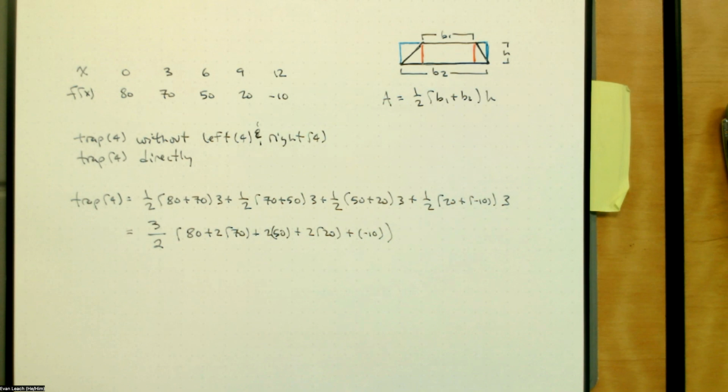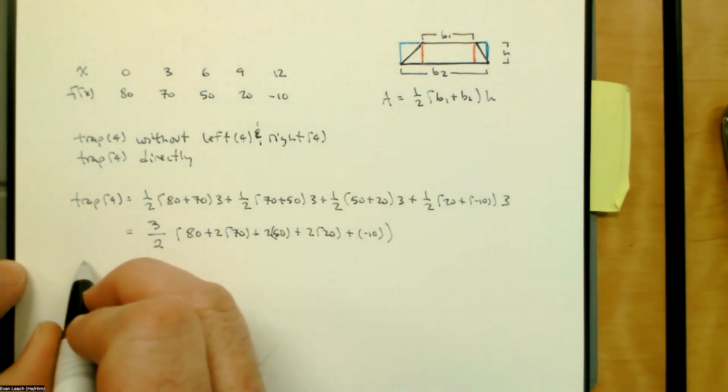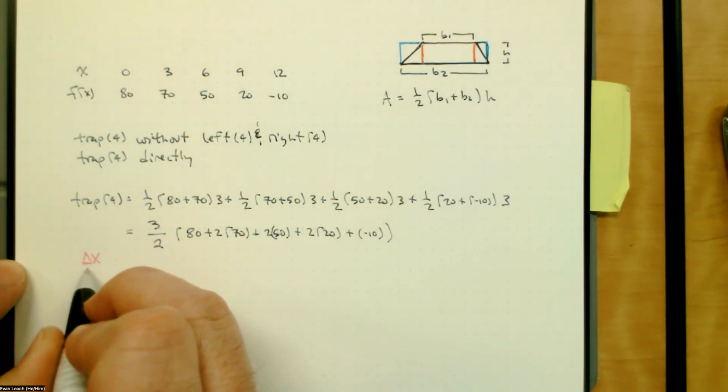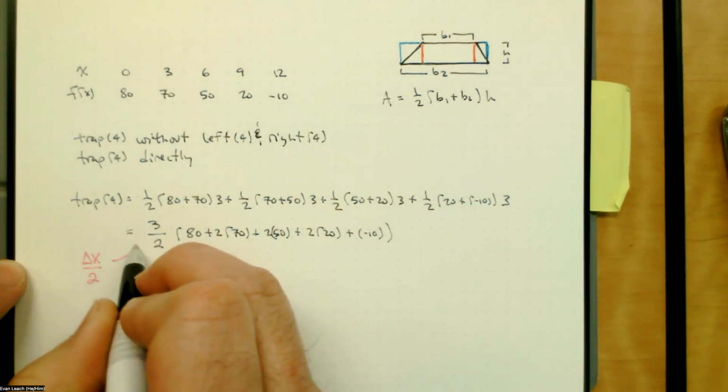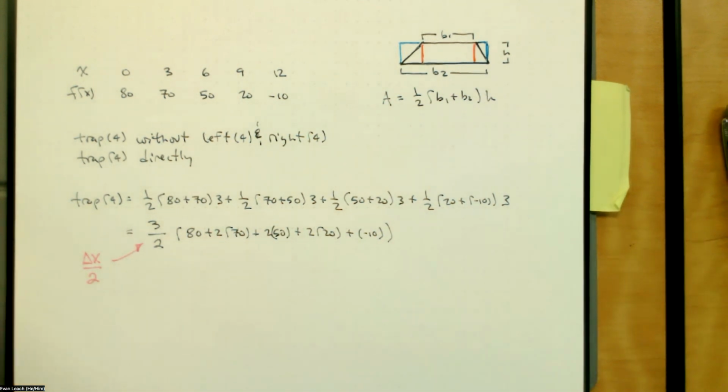When we see the trapezoidal rule summarized, we'll often see the delta x pulled out in front and divided by 2. The over 2 part in the trapezoid rule comes from the averaging that we're doing. That's the 1/2 in the 1/2 left plus right.